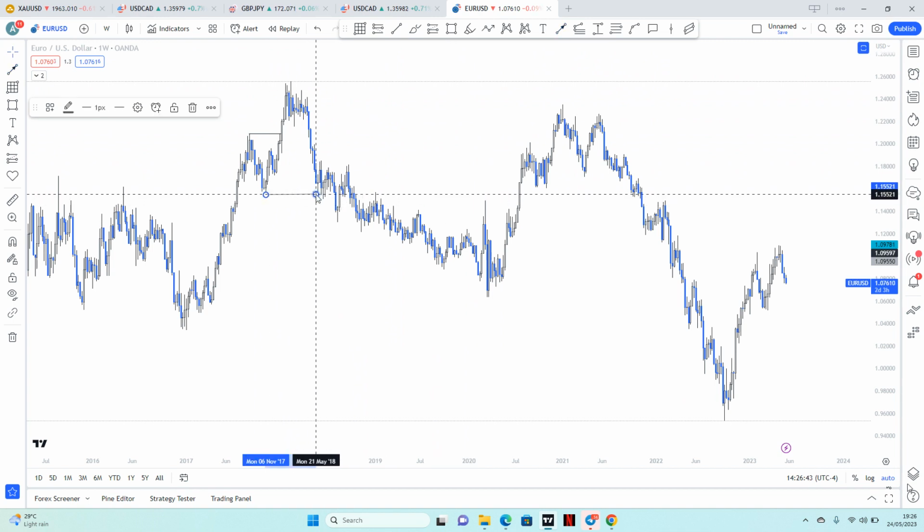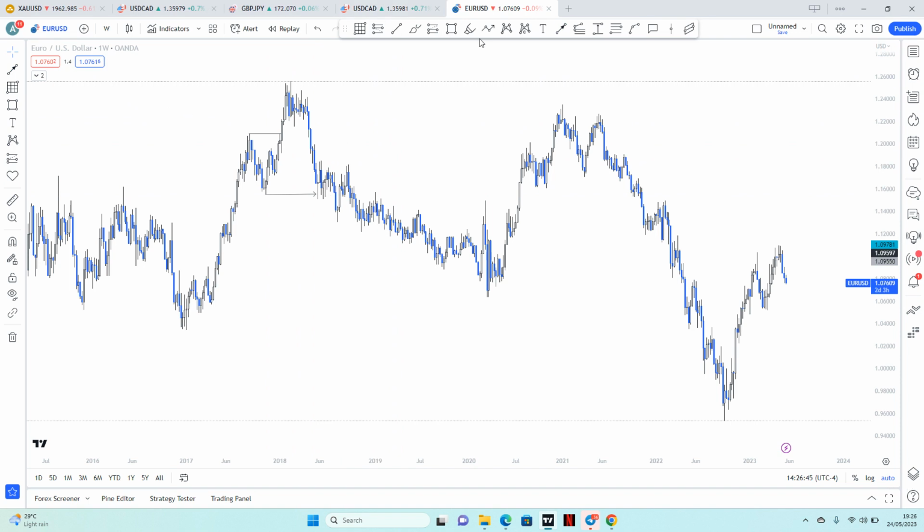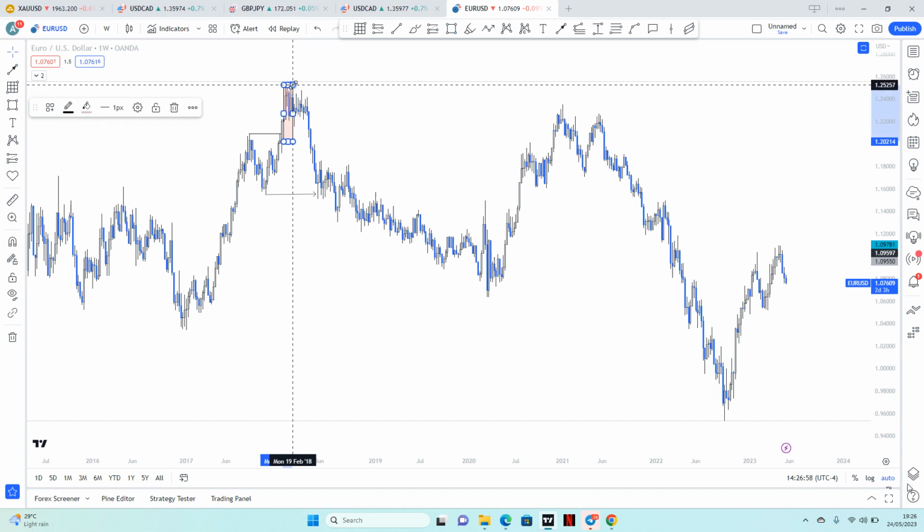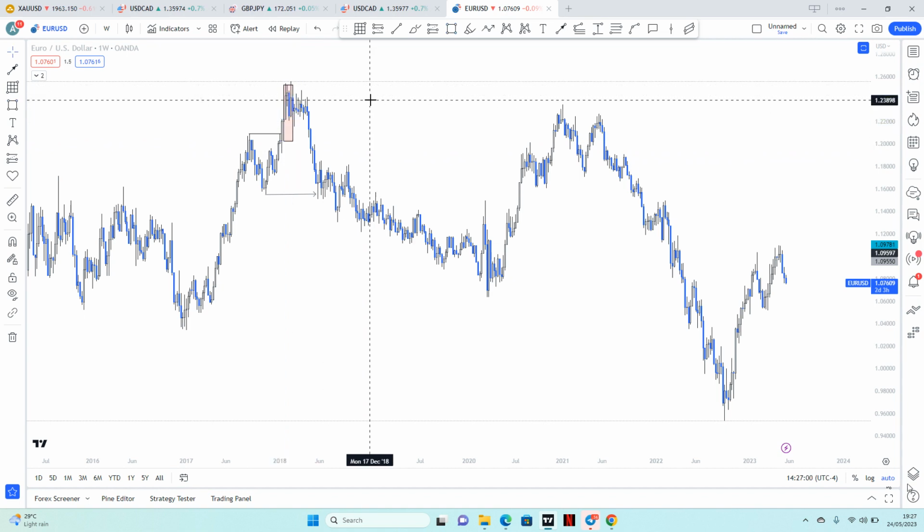So what happened? These consecutive candles that grabbed this liquidity started from here. This one started from here. These consecutive candles are what we call order blocks.